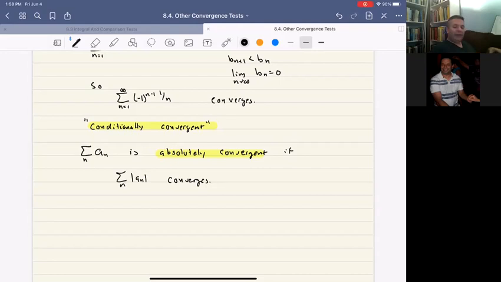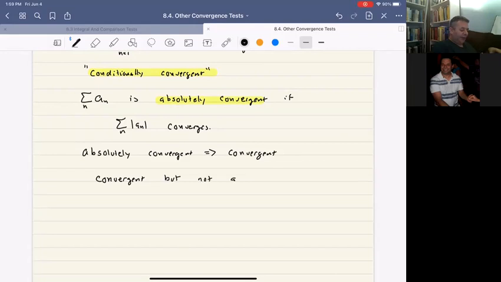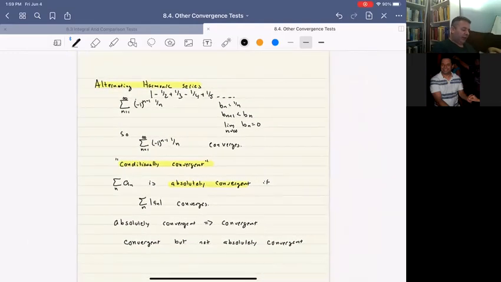Now, a series that is absolutely convergent has to be convergent. A series that is convergent but not absolutely convergent, like this one here, is called conditionally convergent.